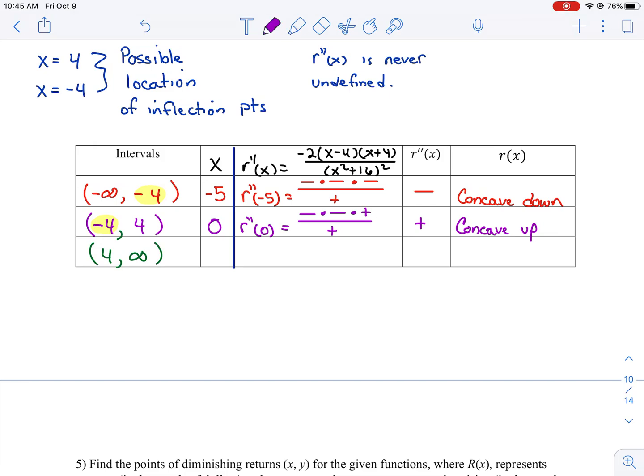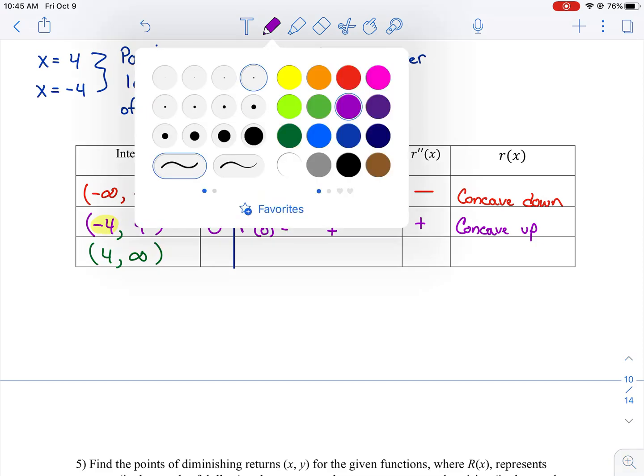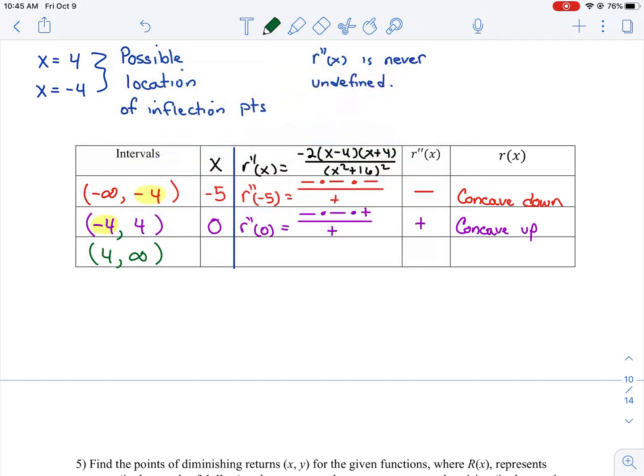Now let's see if the concavity changes at x is equal to 4. Let's pick a +5. It's going to be a -2 times a +1 times a +9, all divided by a positive number.